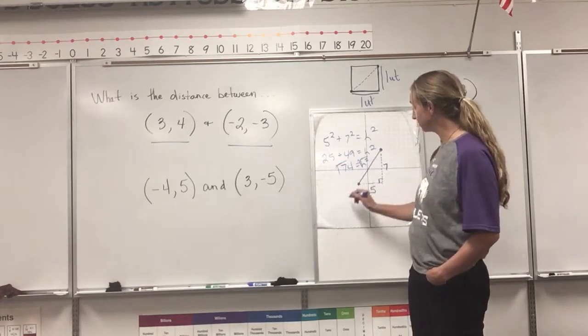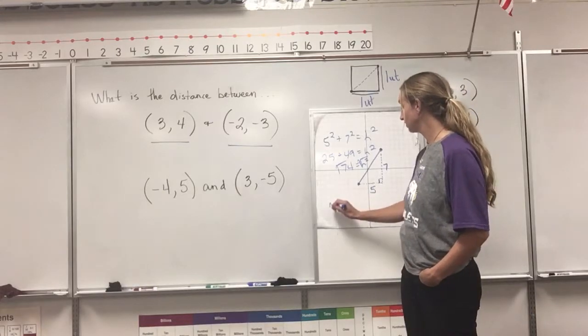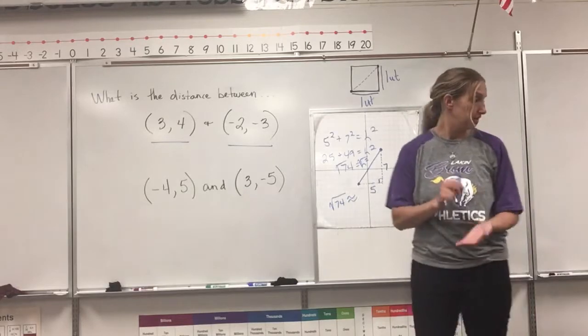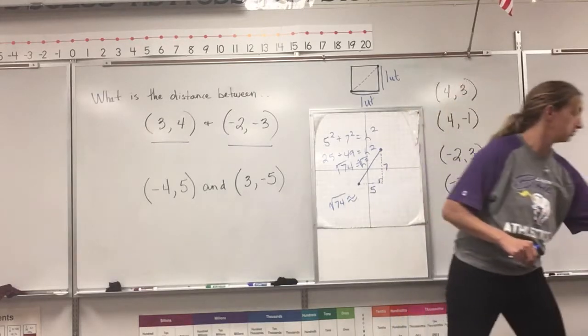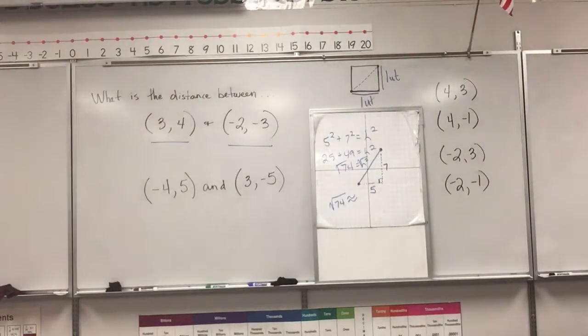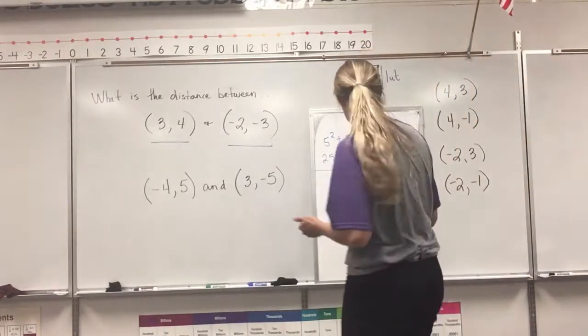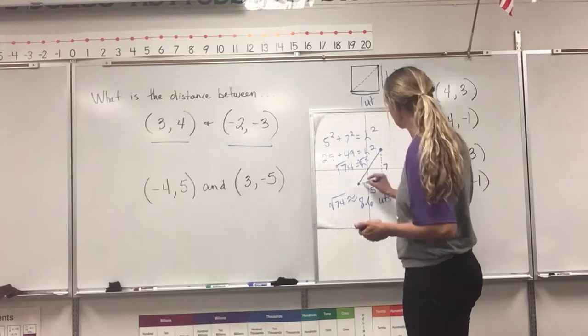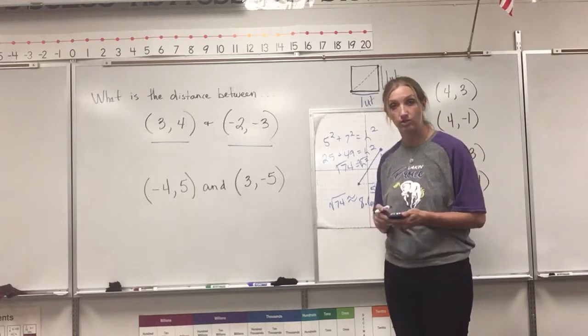So this distance is the square root of 74, which is approximately, and if you have your calculator, which I don't, so let me find me a calculator super duper fast. Hold on, there's one right here. The square root of 74 is approximately 8.6. So that distance would be approximately 8.6 units.